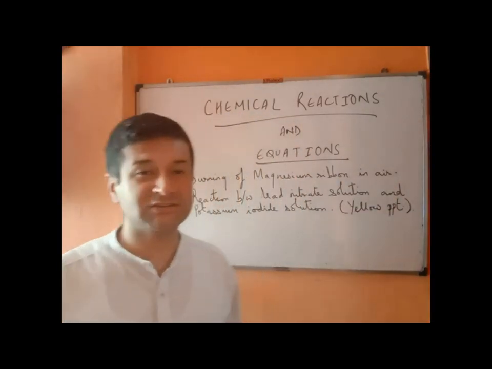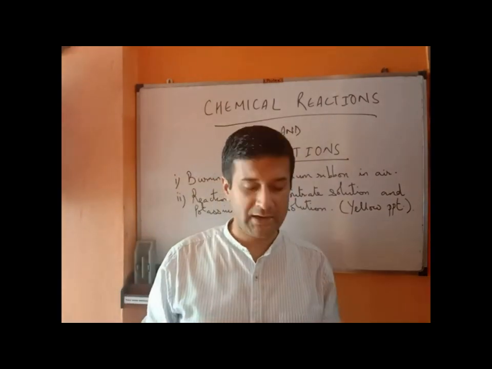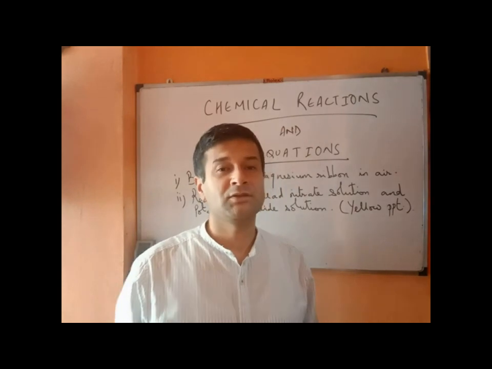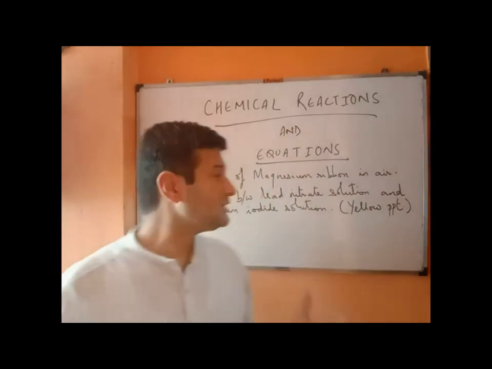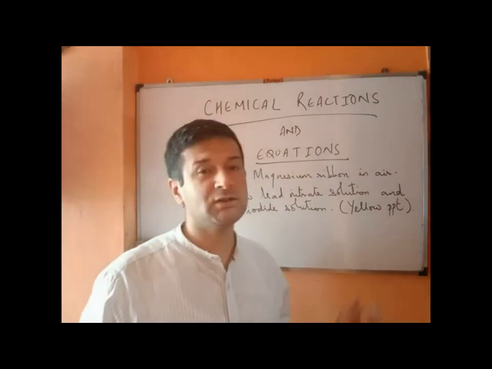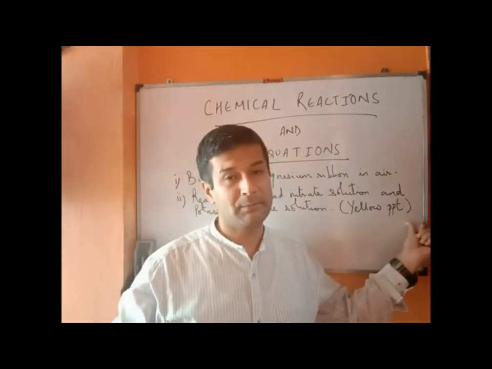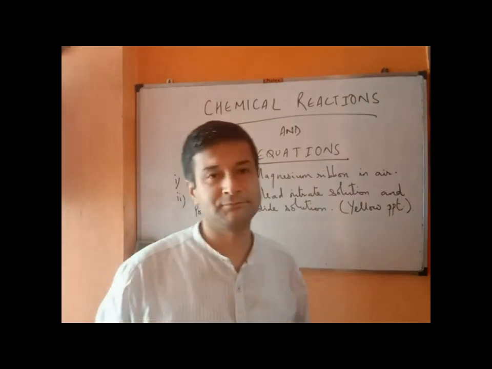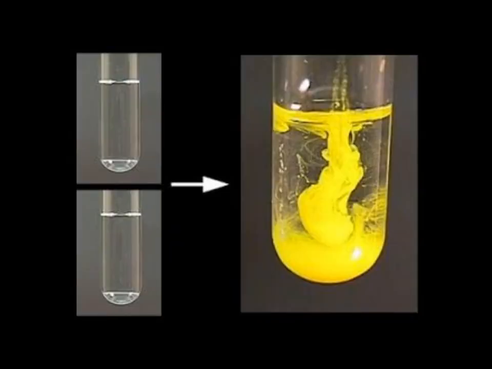We have already discussed how we can determine a chemical change. One of the determinations was that there will be a formation of PPT. So in this reaction we will be able to see the formation of yellow PPT of lead iodide. In this image you can see the formation of yellow PPT of lead iodide.